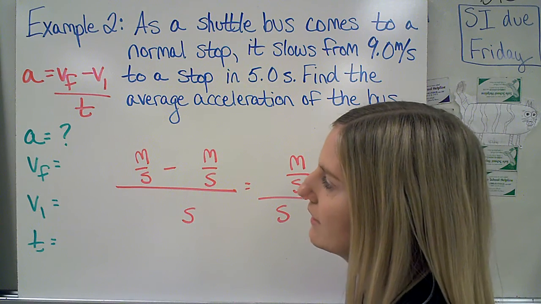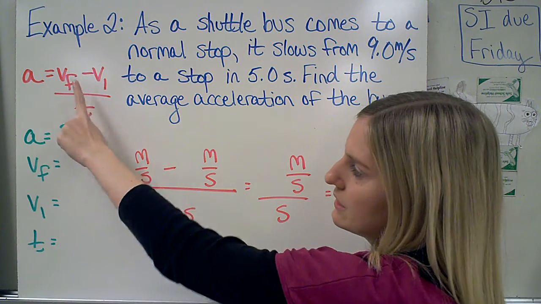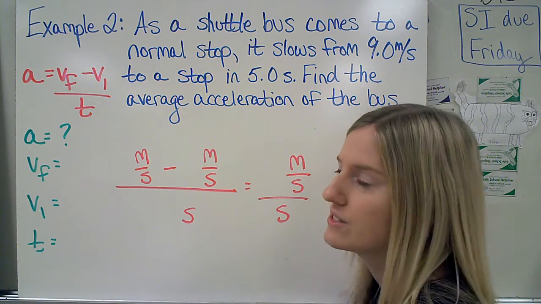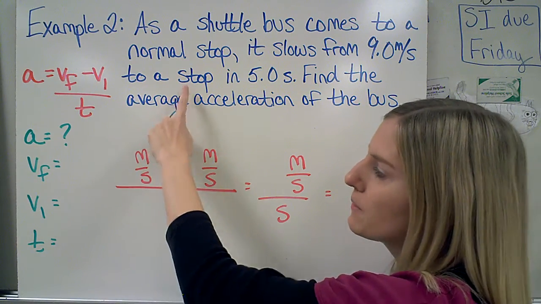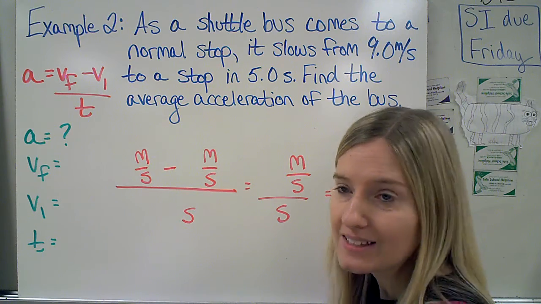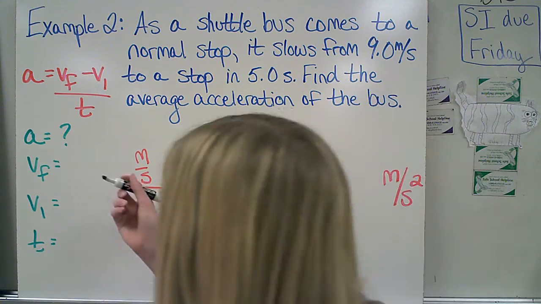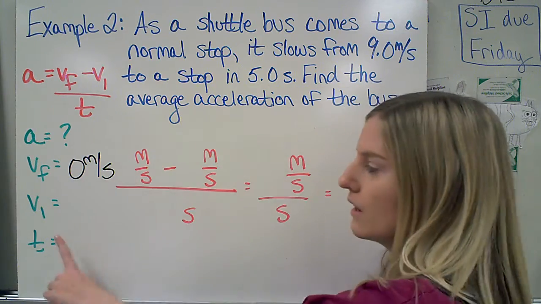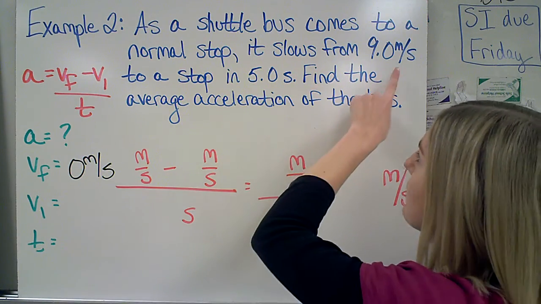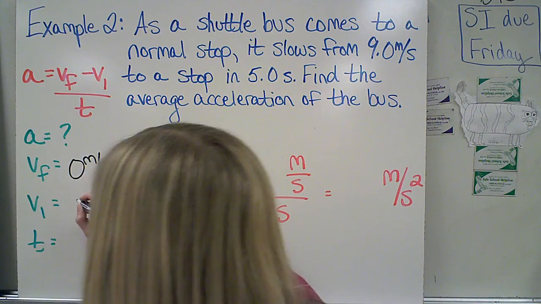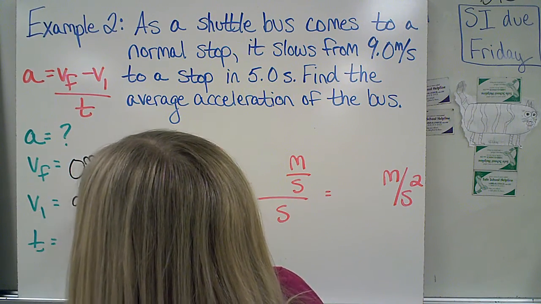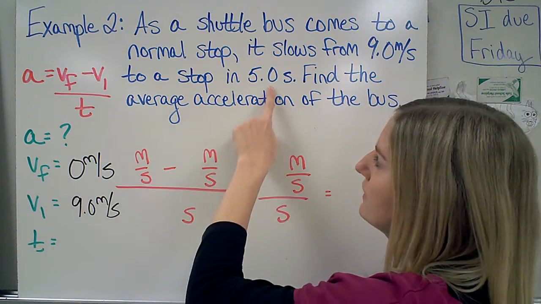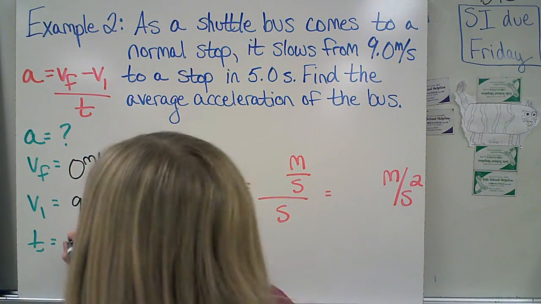So when I look at my final velocity, so this is what is the speed of the bus at the end of this situation? Well, it's coming to a stop. So what would that velocity be? It would be 0. Initial velocity, it's starting at 9 meters per second. And the time it takes for that to happen is 5 seconds.